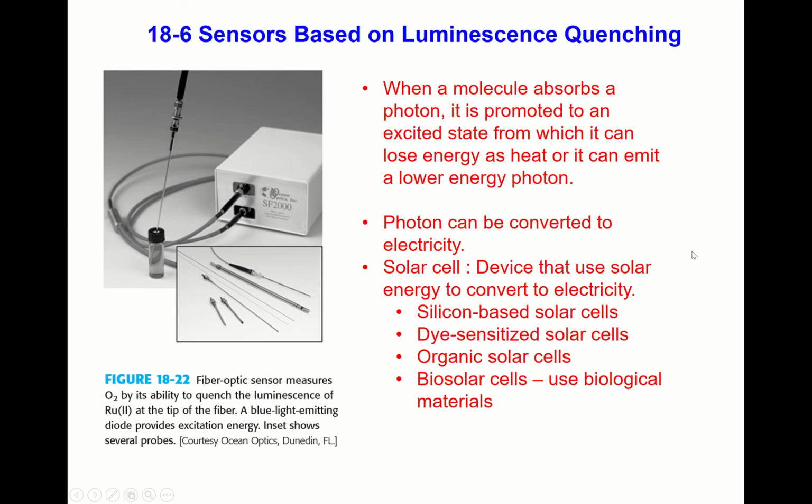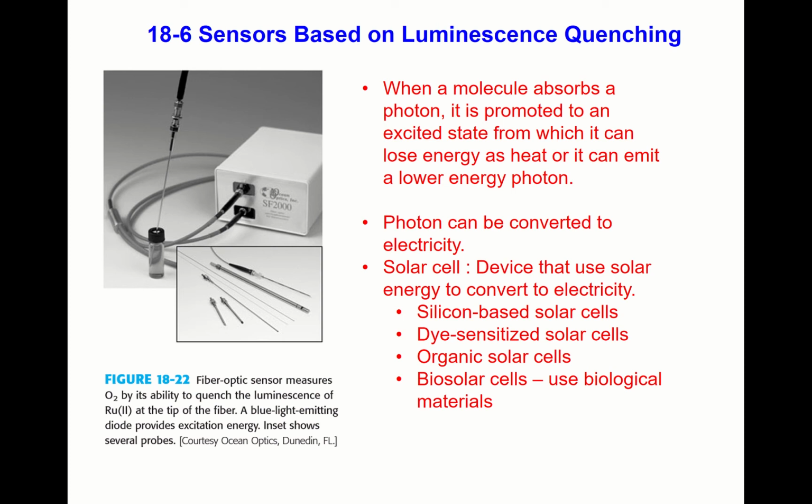The final section of this chapter is sensors based on luminescence quenching. We have learned the principles of luminescence, fluorescence, and phosphorescence, and the luminescence may be quenched by other molecules or maybe particles.